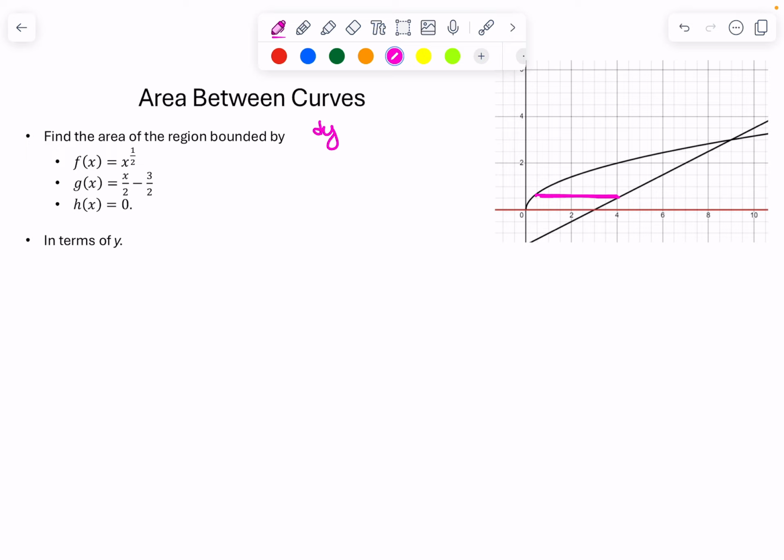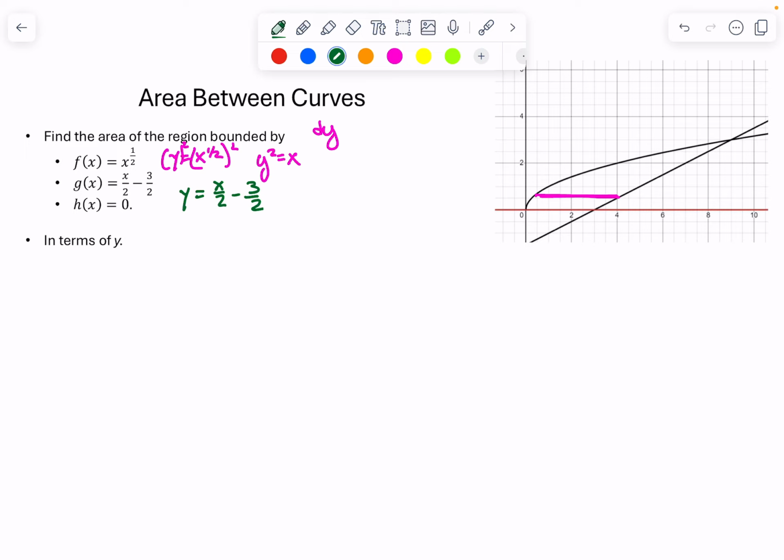Well, let's find out. First off, I have to change all of my equations. Instead of having y equals x to the 1/2, I'm going to have to go ahead and square both sides, and I get y squared equals x. So that's my first equation. Same thing over here. Let's change color. Let's say y equals x over 2 minus 3 halves.